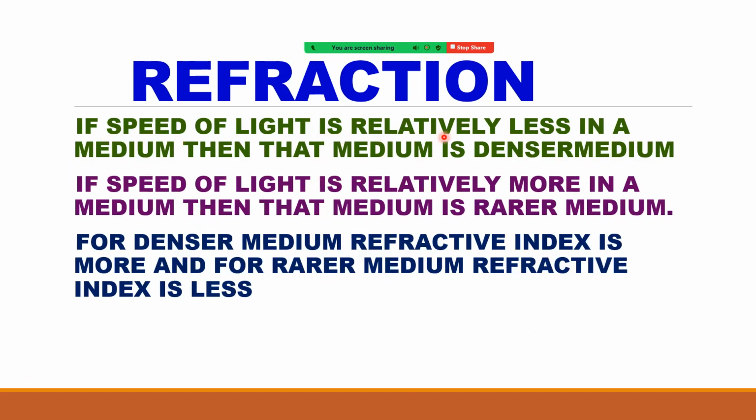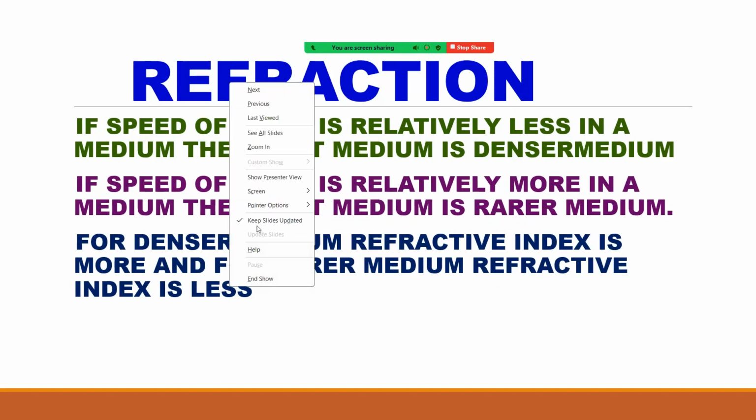If the speed of light is relatively more in a medium, then that medium is a rarer medium. So for denser medium, refractive index is more, and for rarer medium, refractive index is less. These are the points we have discussed till now. Let us now move on to apparent depth.